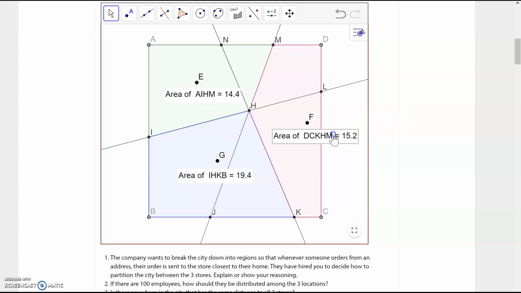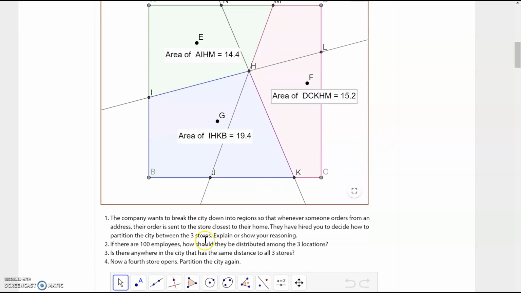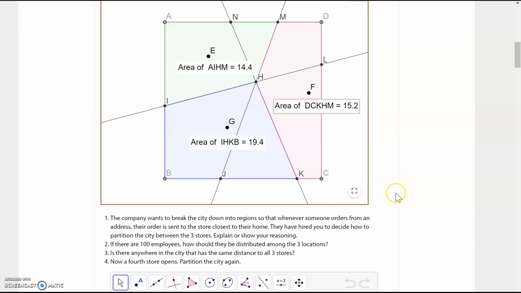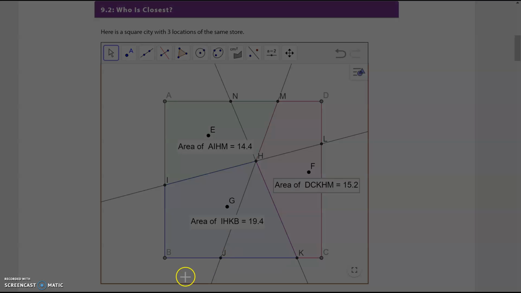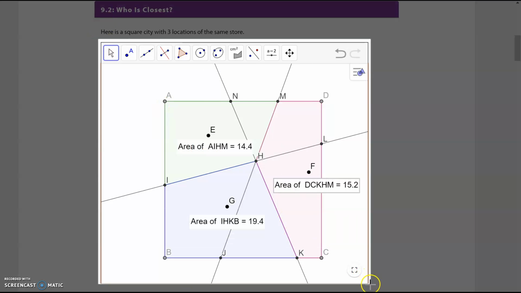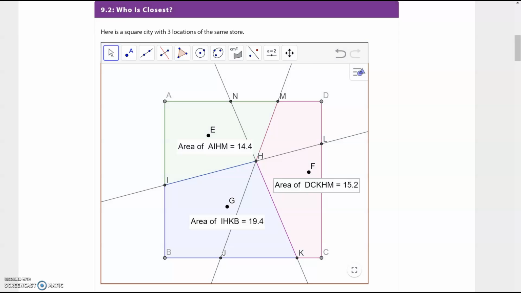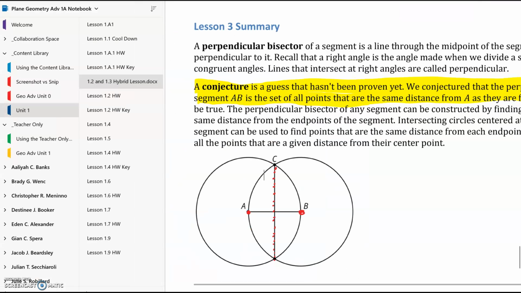And I think at this point we're pretty much done with the applet. So let me take a screenshot of this, and I can snip it into OneNote. So copy, back here to OneNote.